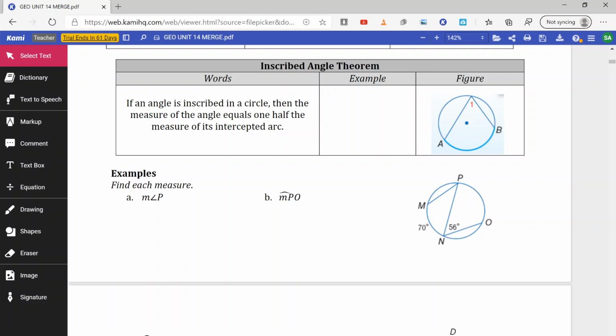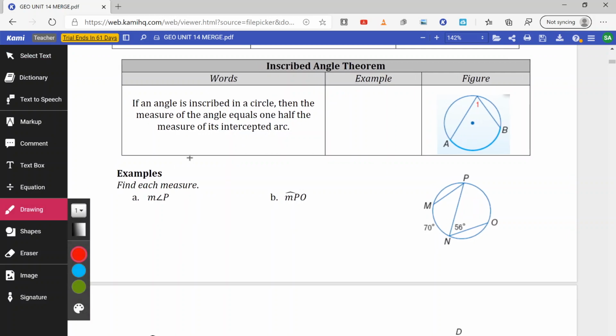So if I take a look at the circle, angle 1 is equal to half of arc AB. That is how we're going to figure out measures of arcs and angles.